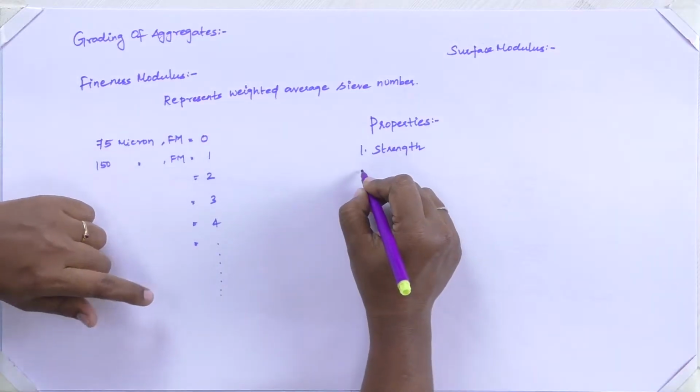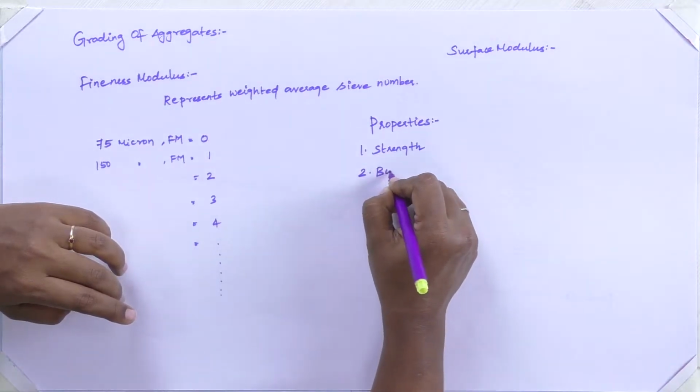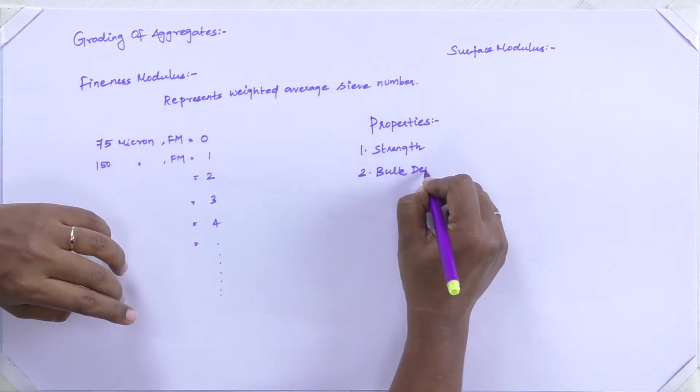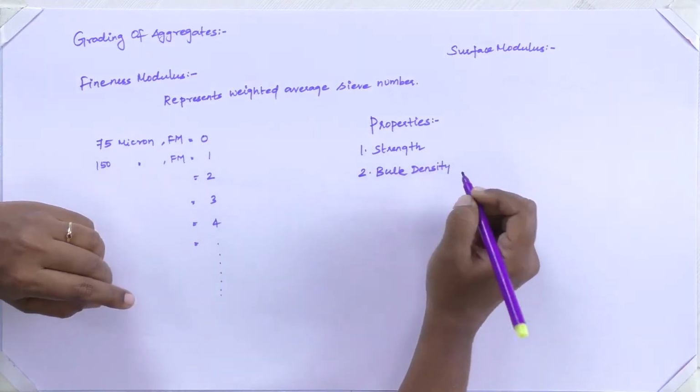Next is bulk density. Bulk density is nothing but the mass of aggregates required to fill a container having unit volume. How much aggregate goes into a particular volume will give us the bulk density.